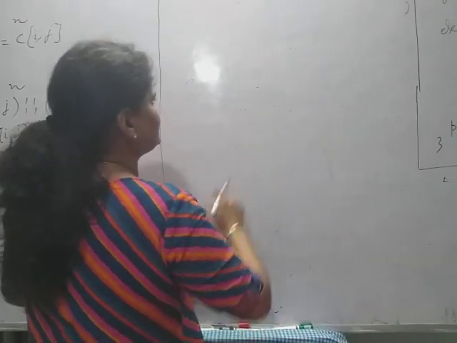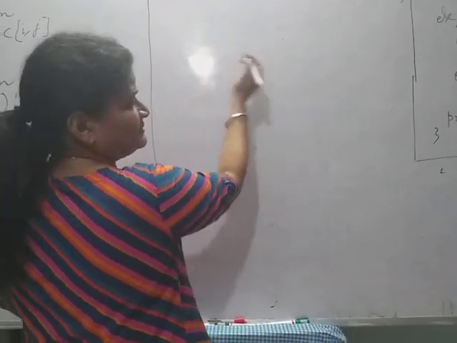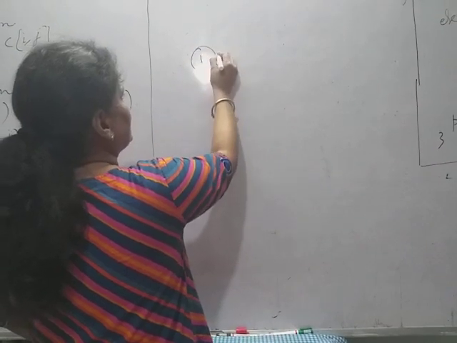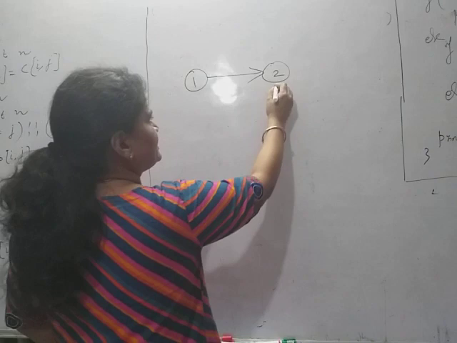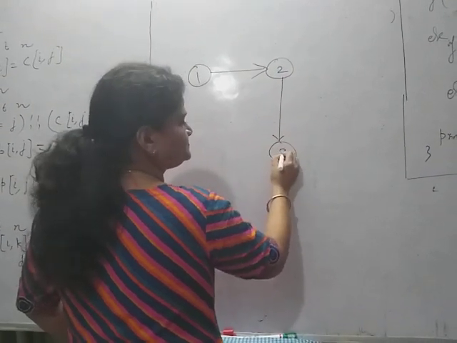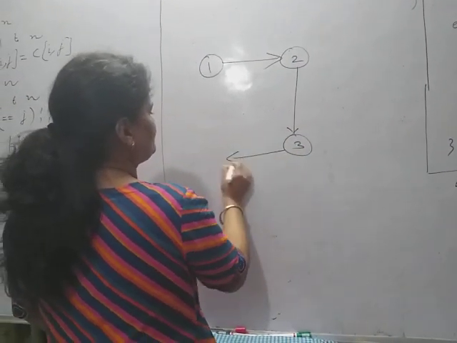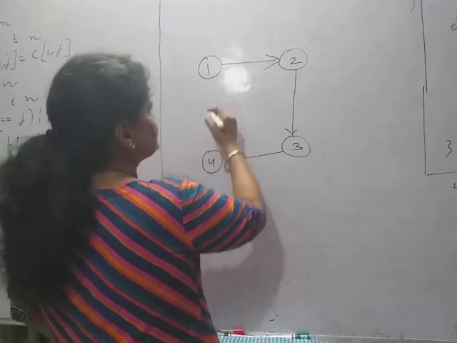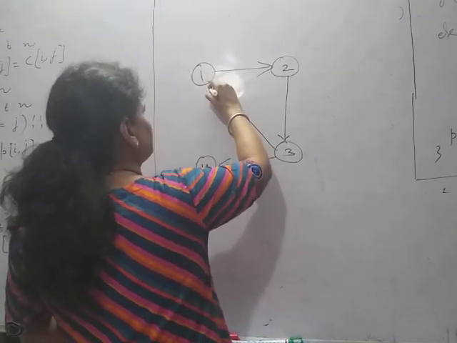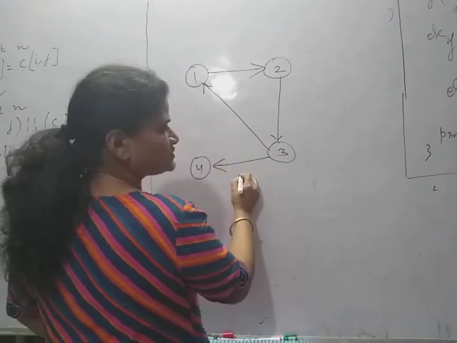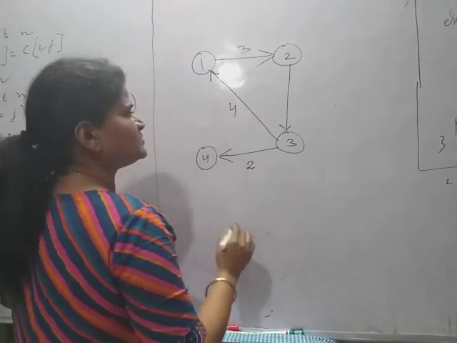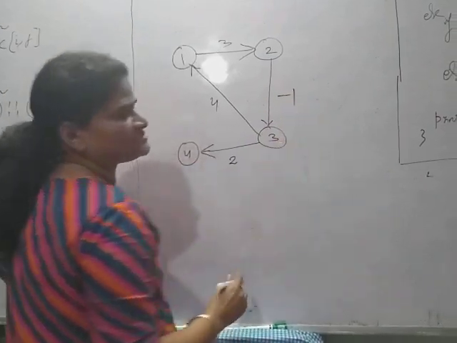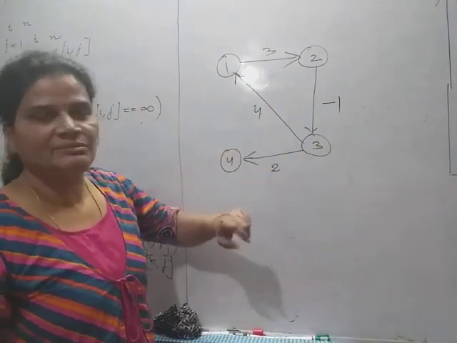Suppose I am considering this graph with vertices 1, 2, 3 and 4, and suppose here I write -1.